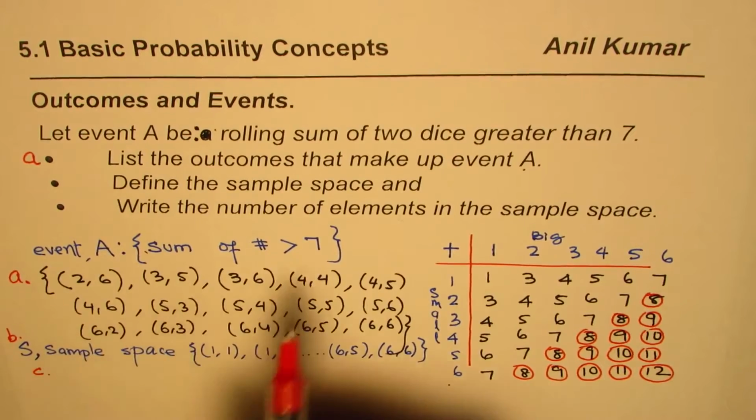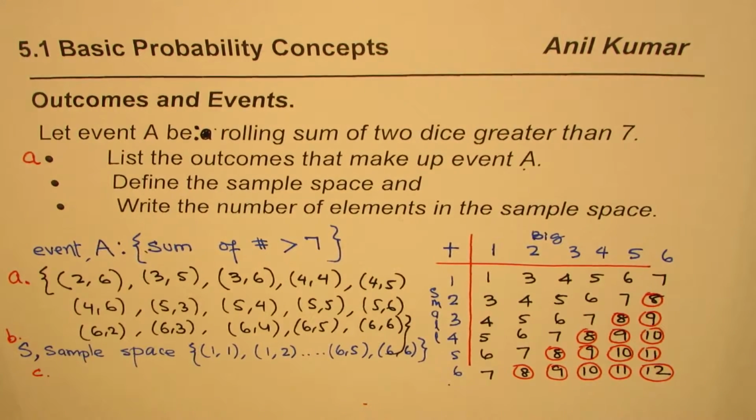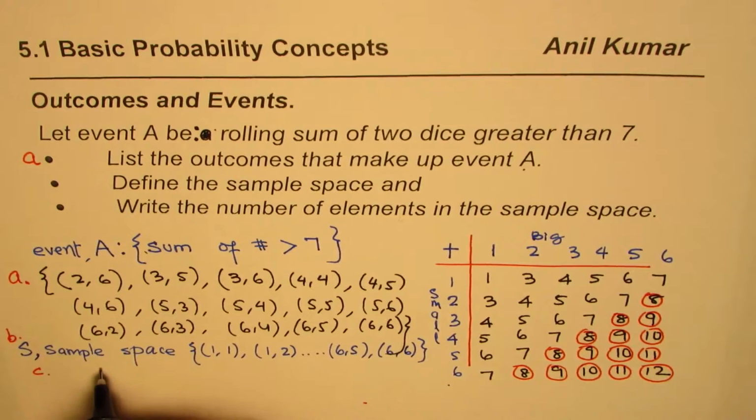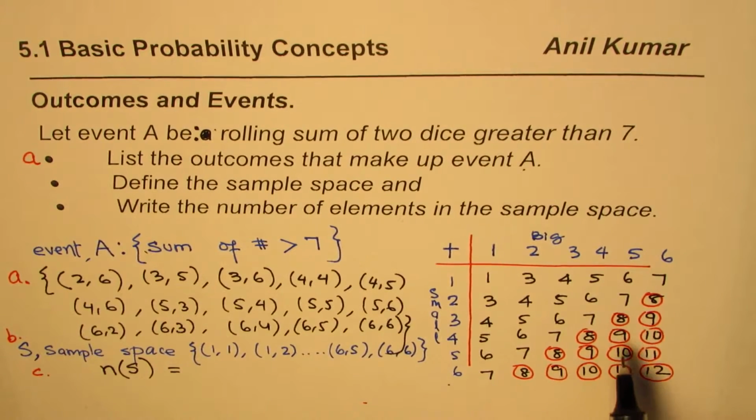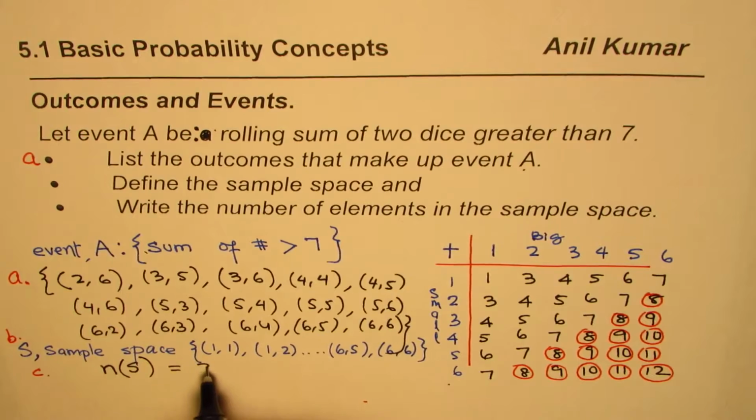And part C is write the number of elements in the sample space. The number of elements in the sample space is, just count them. How many are there? Normally, we designate this as n(S), where S is for sample space, and the number is 36, 6 times 6. So we'll write 36 as the answer.